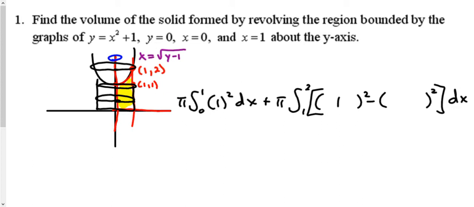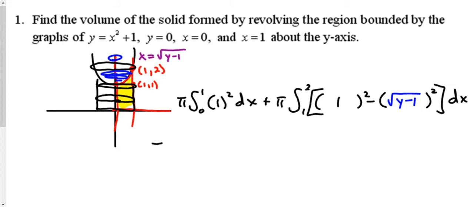But now these little circles, which would be just circles that go from there to there, go through and hollow this out. So I've got to find the length of one of these little radii. Well, they're just whatever x is here minus x here. And here, when we're on this curve, x is the square root of y minus 1. Here x is 0. So the radius of the blue circles is just the square root of y minus 1. Okay.